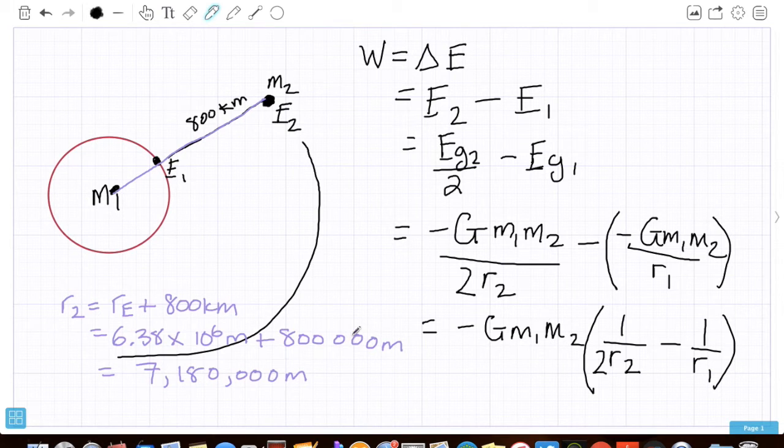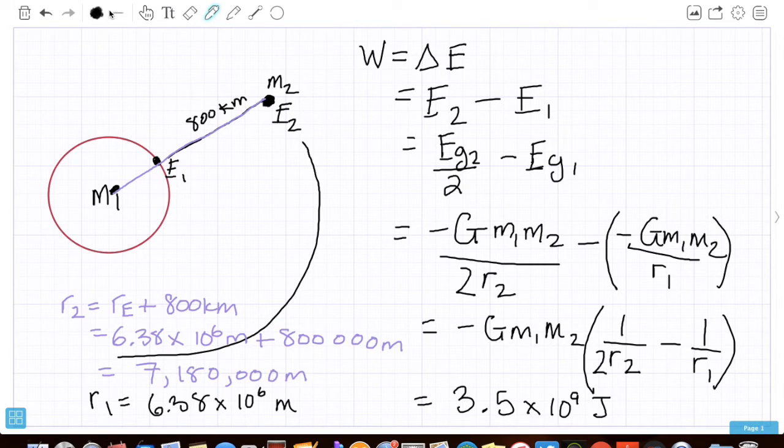And if you substitute R2 into here and R1 as the radius of the Earth, which is 6.38 times 10 to the 6 meters, then your answer comes out to be 3.5 times 10 to the 9 joules.